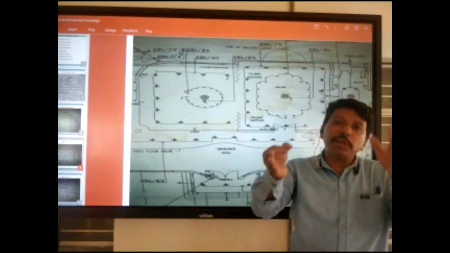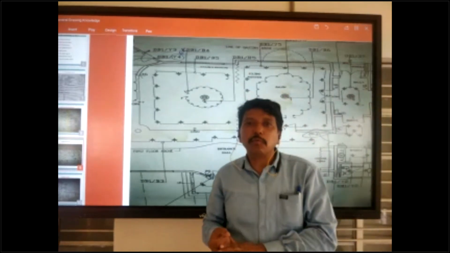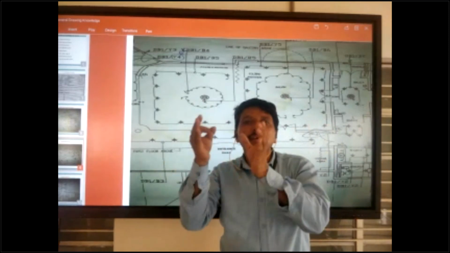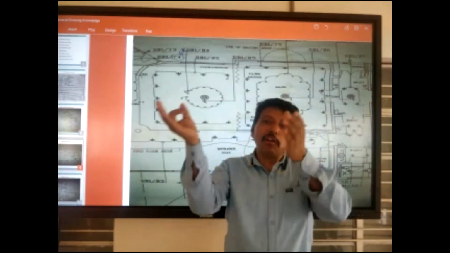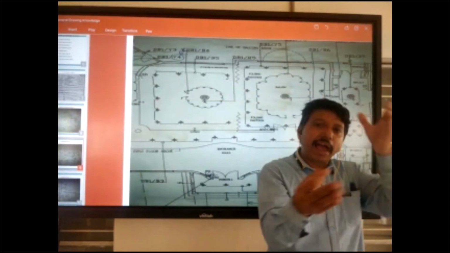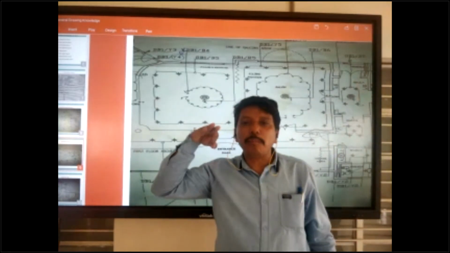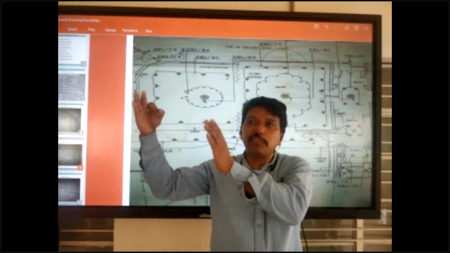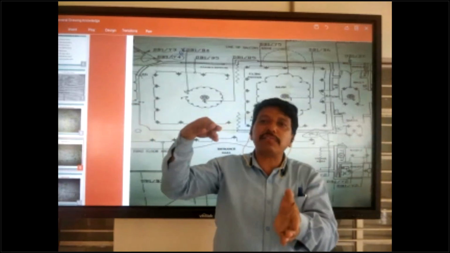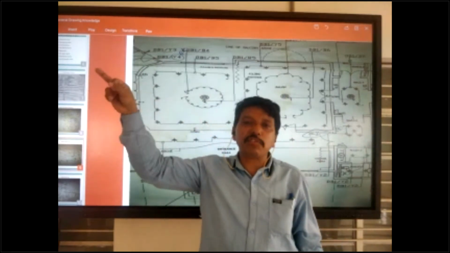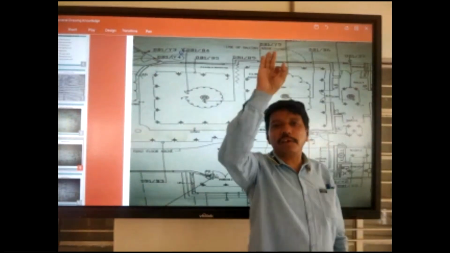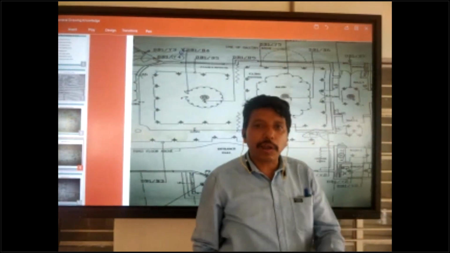Always in a DB, 3 phase is coming, but we can divide it by phase. Some red phase is given to fans, yellow phase to AC, like that. Your supply is coming 3 phase, but we can divide it into single phase. If the device is single phase, we can give single phase supply. If you have a 3 phase device, we can give 3 phase supply. So you can check there.